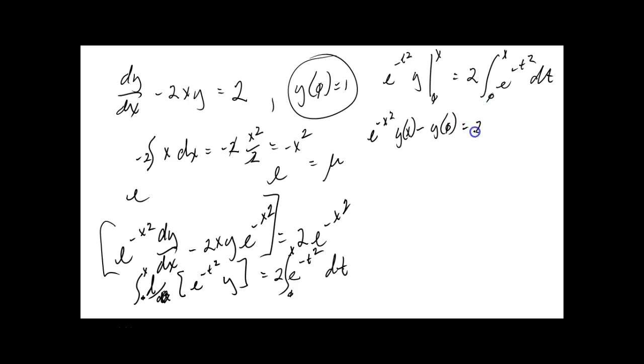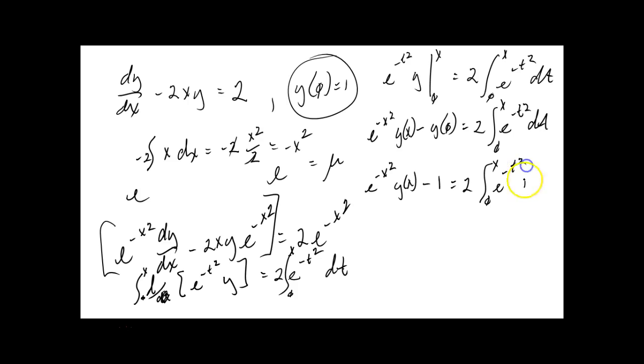And that's equal to 2 times the integral from 0 to x of e to the minus t squared dt. Now, the y of 0 is equal to 1. So what we have here is e to the minus x squared y of x minus 1 equal to 2 times the integral 0 to x of e to the minus t squared dt.